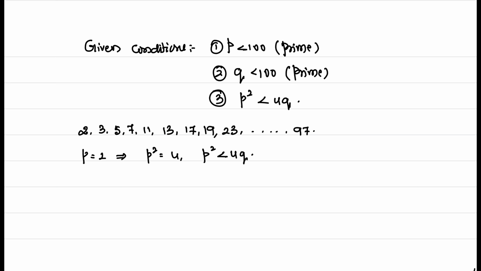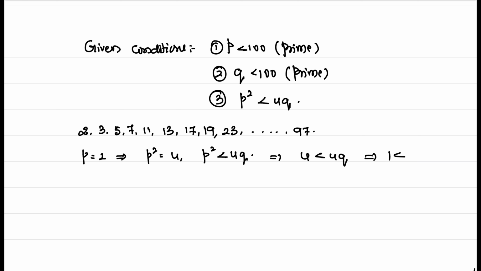For example, P is equal to 2, which implies 4 is less than 4q. That implies 1 is less than q. That implies q is greater than 1.